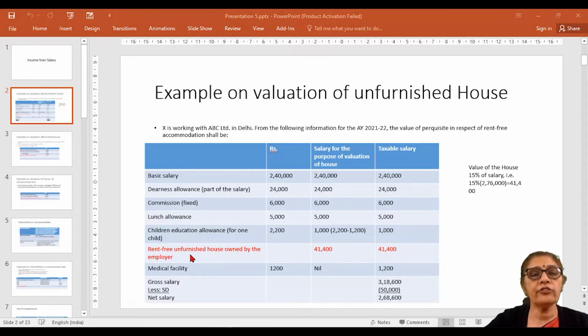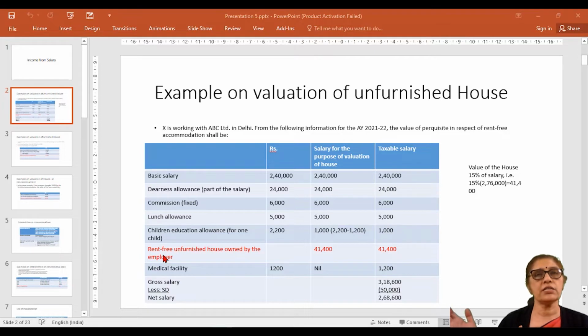He gets a rent-free, unfurnished house owned by the employer. See, so many things are clear to us. 1, it is rent-free. 2, it is unfurnished. 3, it is owned by the employer. And 4, it is in Delhi. And medical facility, 1,200. So practically we have 1, 2, 3, 4, 5, 6, 7 components of salary.